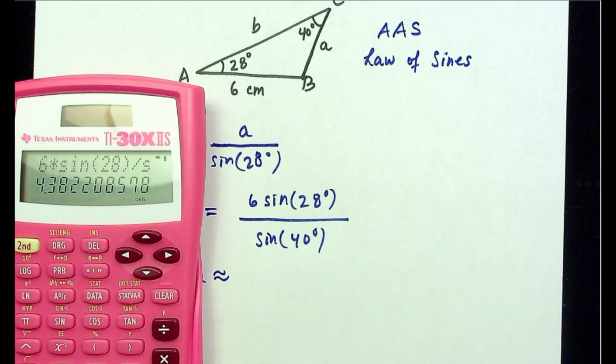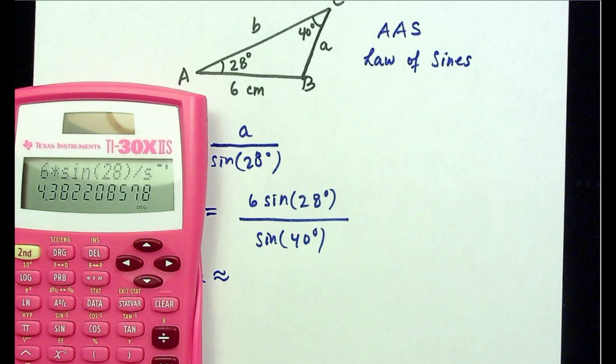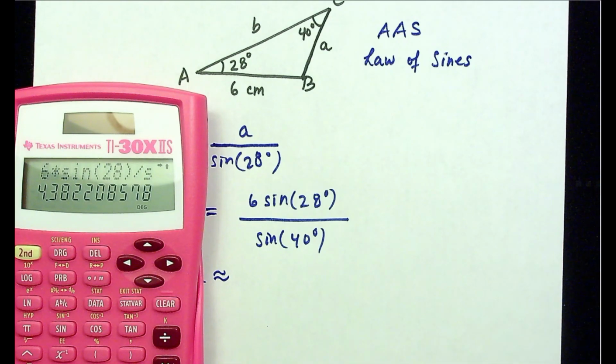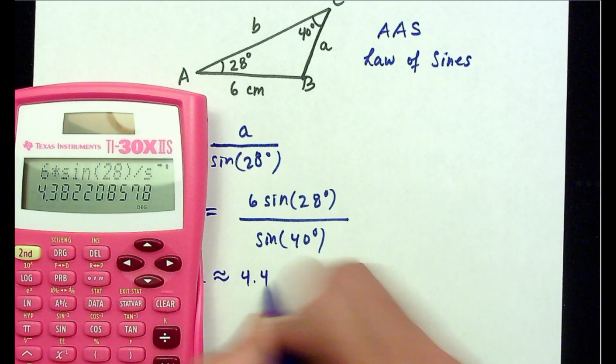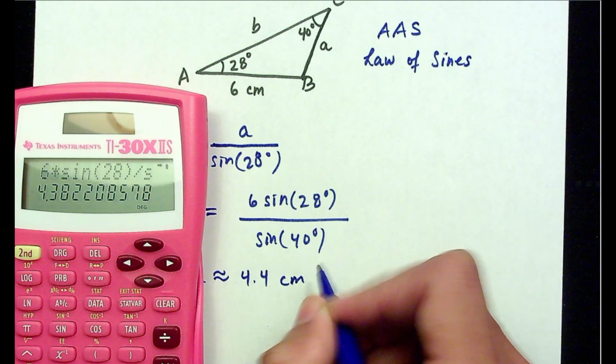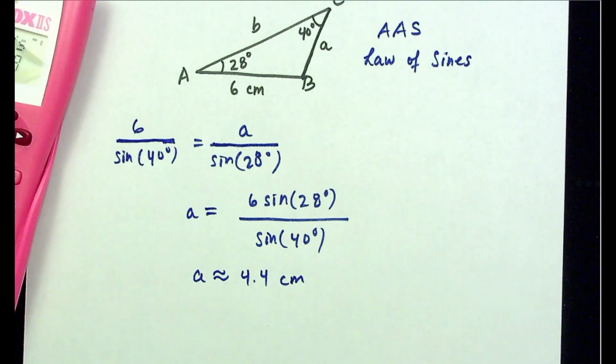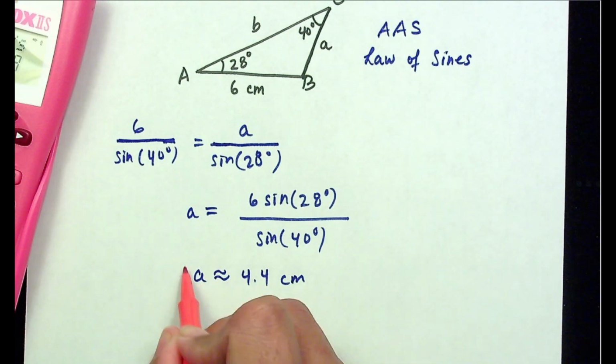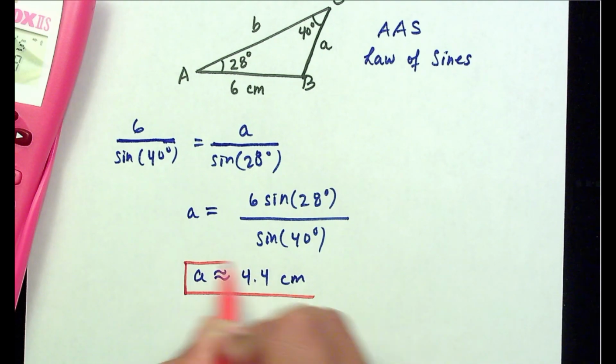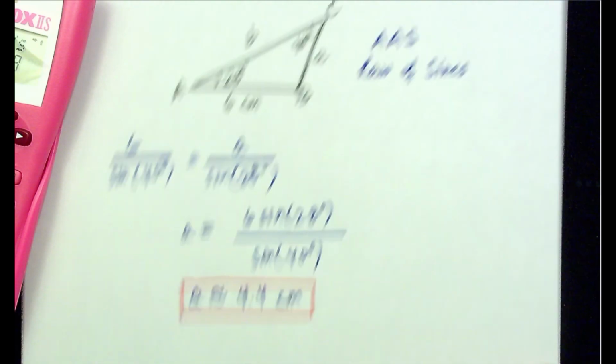Rounded to the nearest tenth, meaning 1 decimal, that would be 4.4. 4.4 centimeters. Okay, and that's it. We found lowercase a.